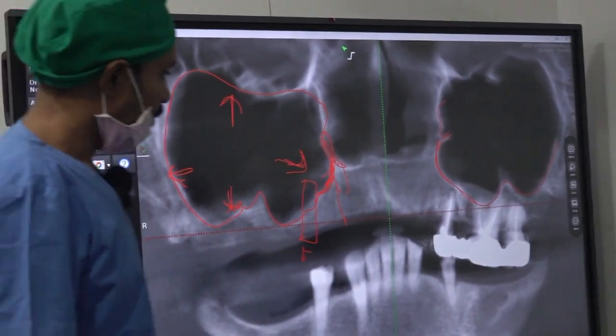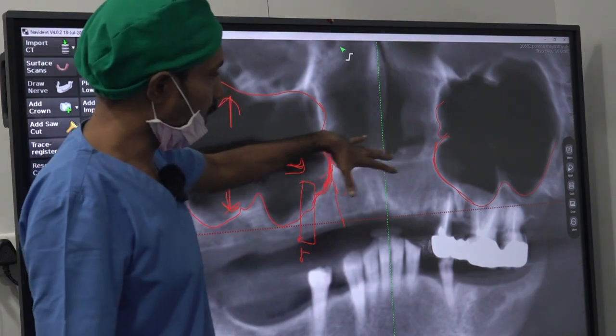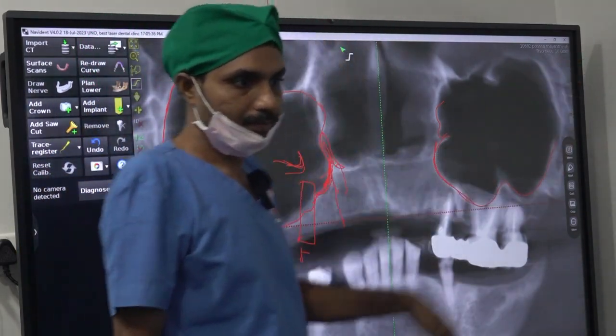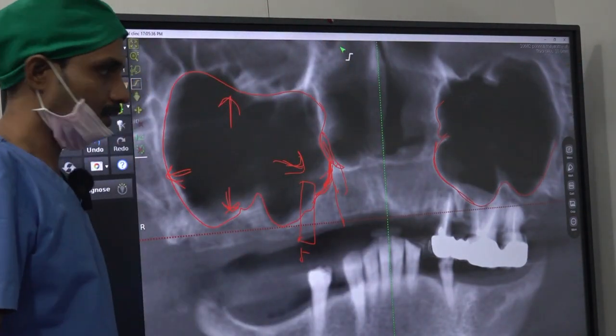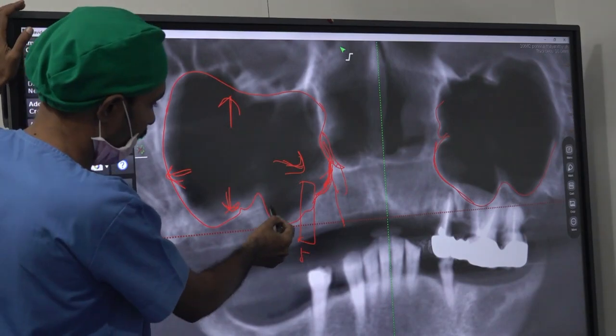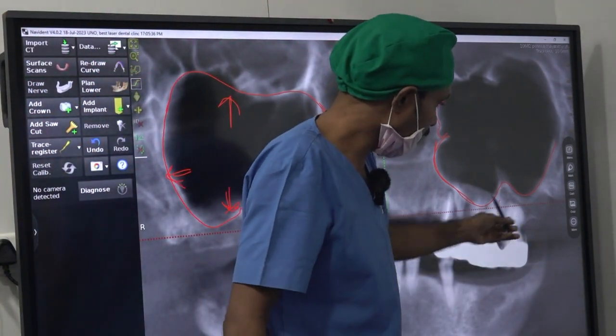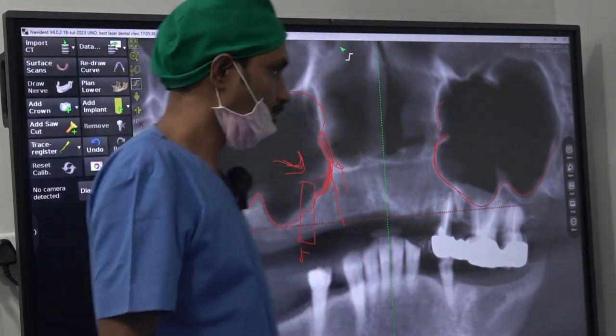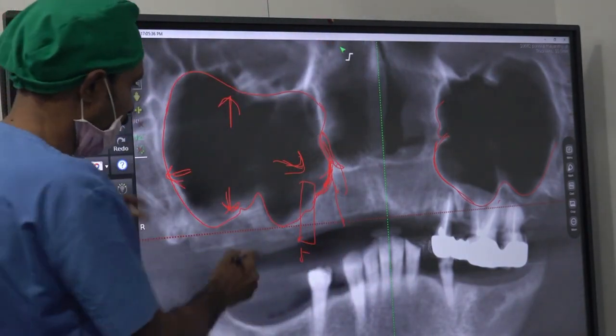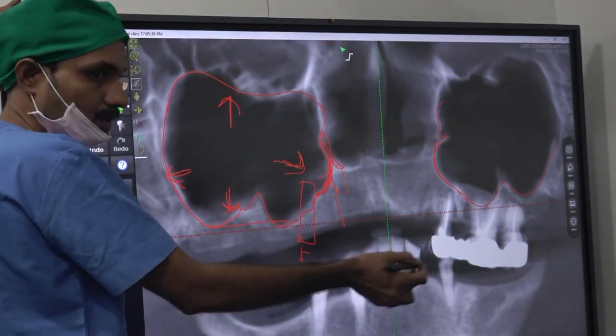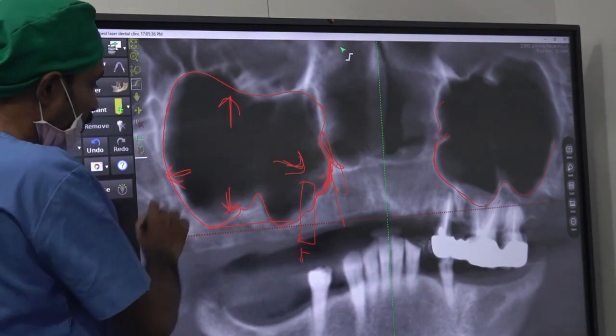In this kind of situation, we immediately have to look for the pterygoid. Definitely we need to place a pterygoid, distal support. Obviously there is nothing in the molar region. Of course we will plan something in the molar region if possible. But if there is no molar, if there is more downward expansion as we said, then we have to go for the pterygoid.